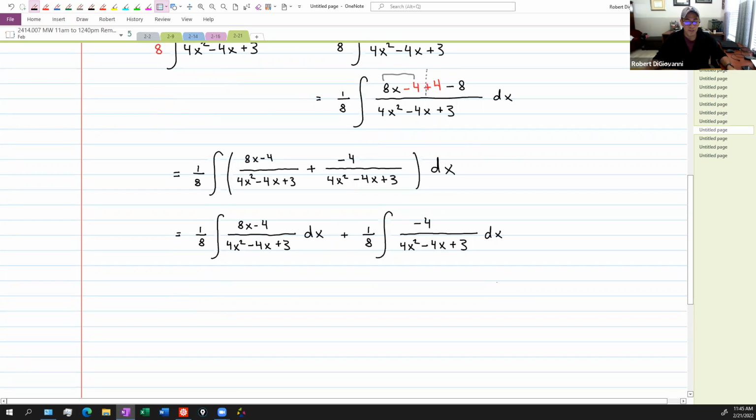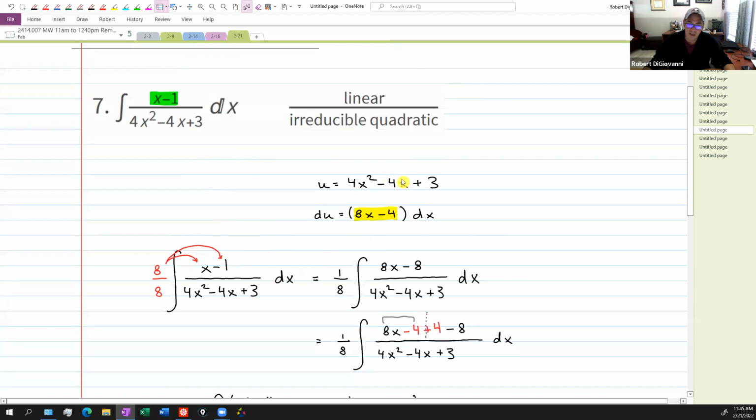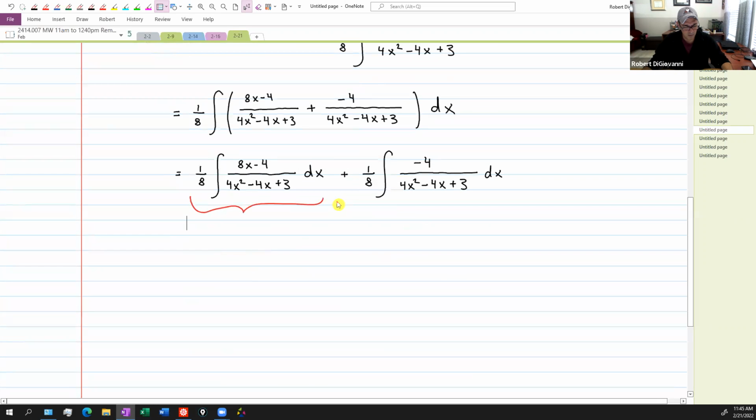Now, the reason I've split it into 2 integrals is because this first integral is easy, right? That's what I was hoping. Remember when I first made this u substitution, I really wished the numerator was 8x minus 4, because then this integral would have turned into something very simple. U on the bottom and its derivative on top, right? And what would that become?